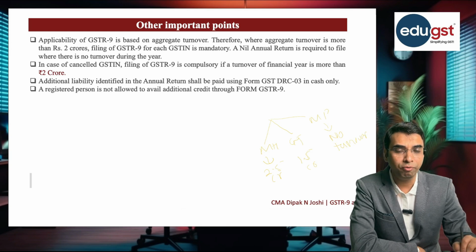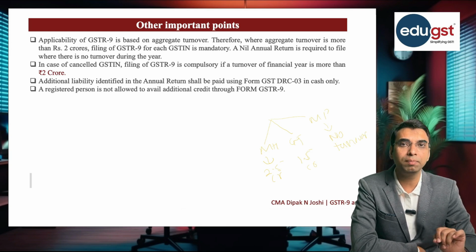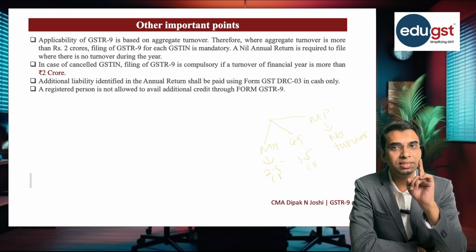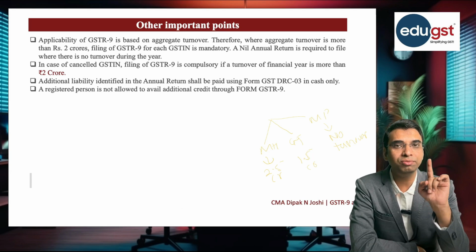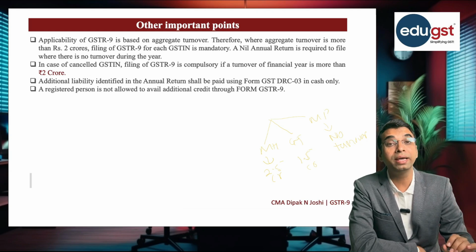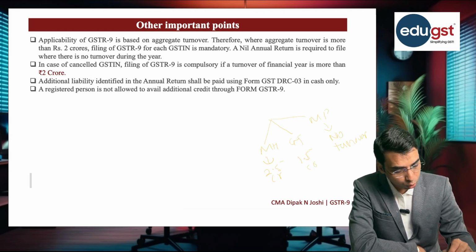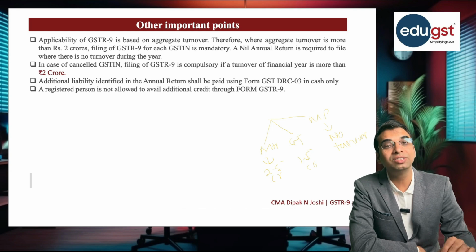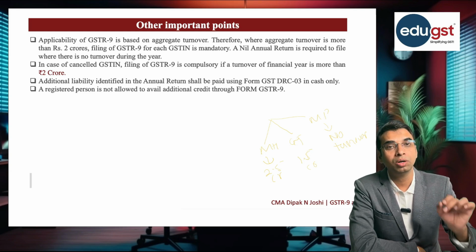In that case, whether GSTR 9 is applicable? Please understand, applicability of GSTR 9 is based on the concept of aggregate turnover. So you are required to add turnover of all the registrations together to decide applicability of GSTR 9.